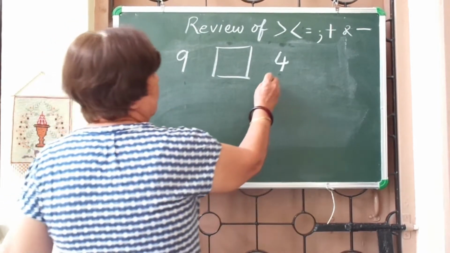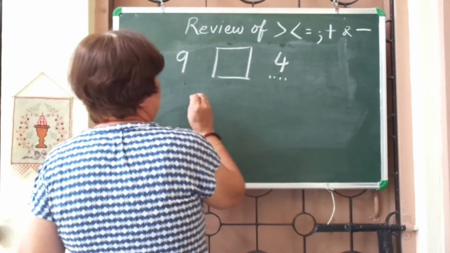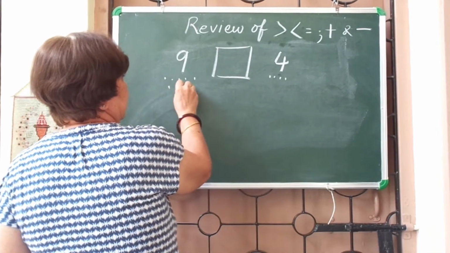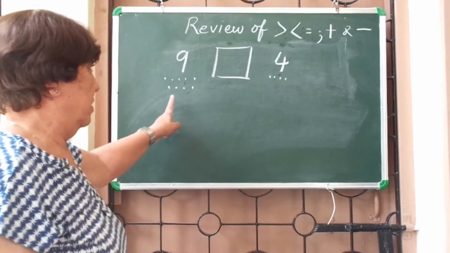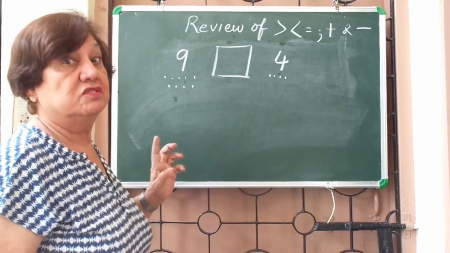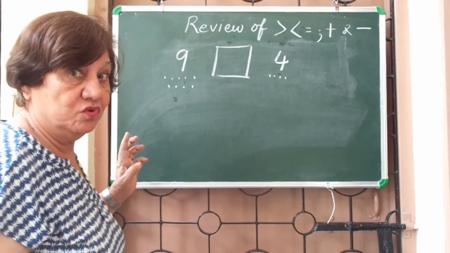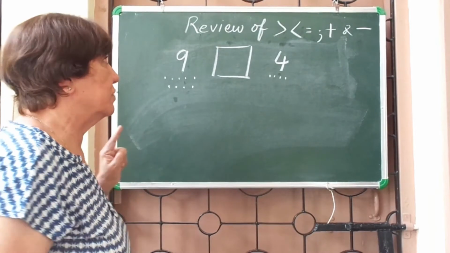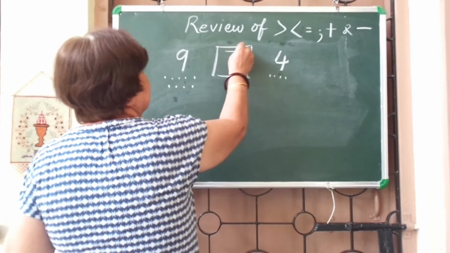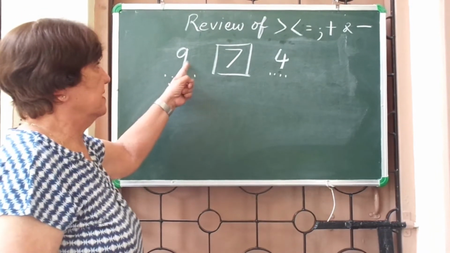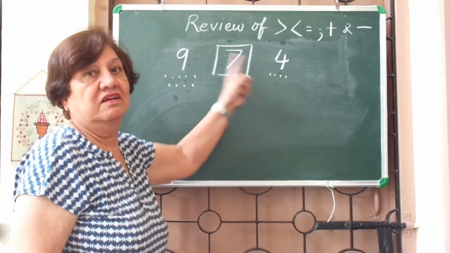I'm going to put 4 dots, 1, 2, 3, 4. And here I'll put 9 dots, 1, 2, 3, 4, 5, 6, 7, 8, 9. So which has more, 9 or 4? So 9 has more. So where will I keep the Machikamu open? It will be near 9. And how do I write it? I write it like a 7. Okay? So 9 is greater than 4.